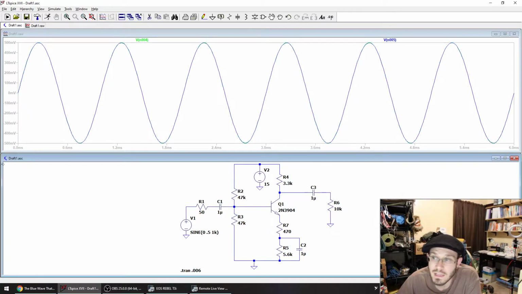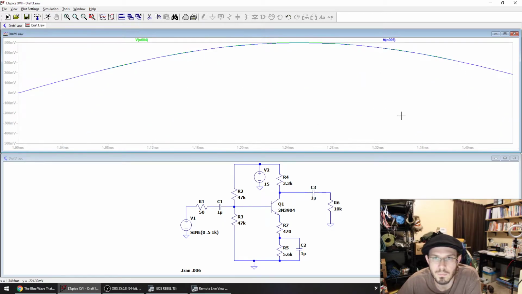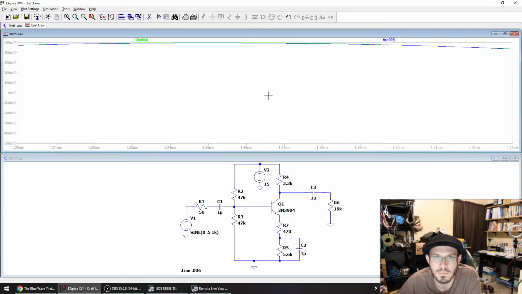So, okay, they actually look like they're the same. Let me zoom in over here and show you that difference. They're very close to each other. Okay, so if I go ahead and put this anywhere, let's also bring up the second cursor for our V1, and I'm going to put that right there next to it.